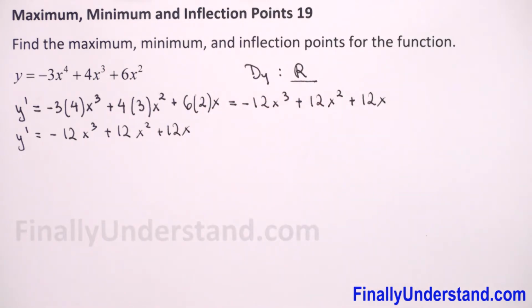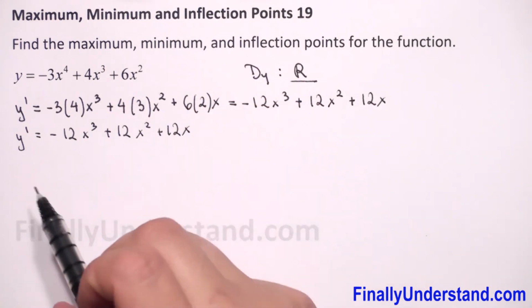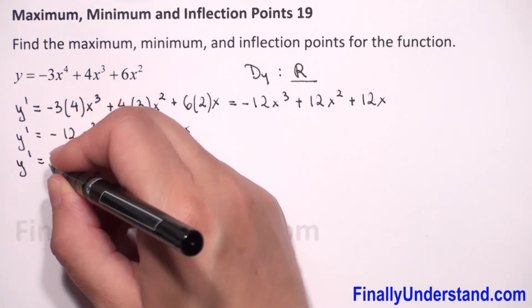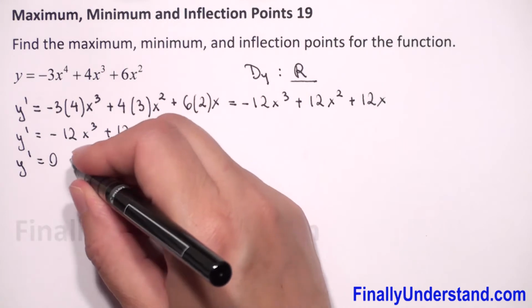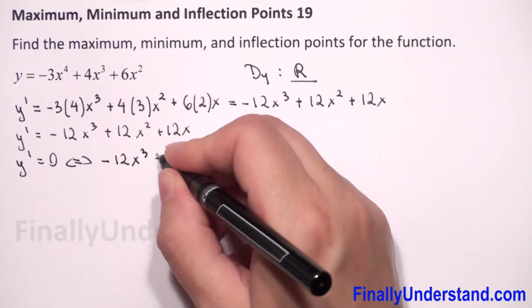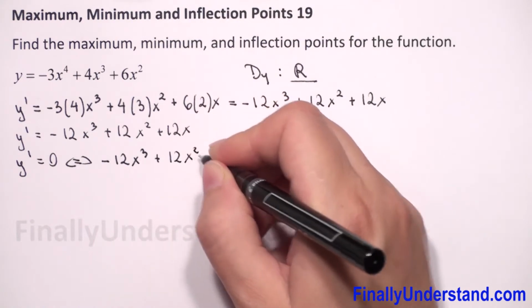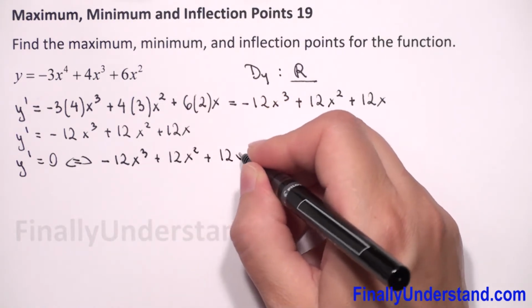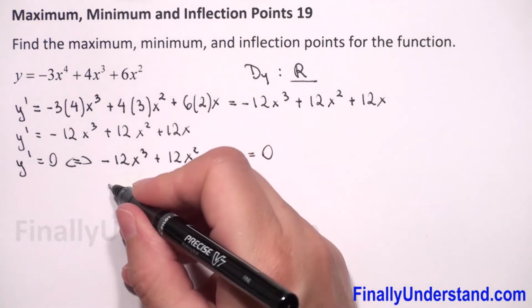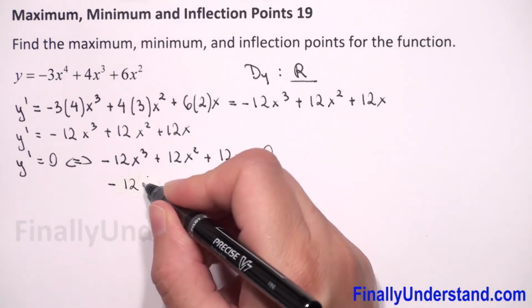Next, we need to find critical values. So it means we have to solve the equation y prime equals 0 if and only if negative 12x to the third plus 12x squared plus 12x is equal to 0. So first I will factorize negative 12x.